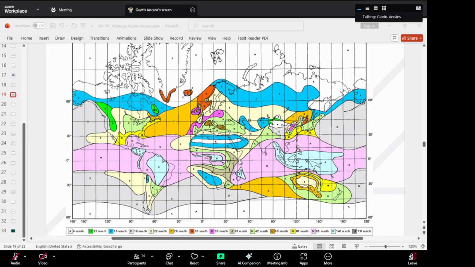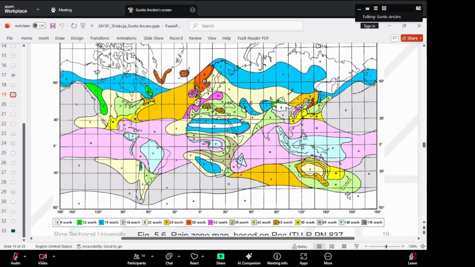So this slide gives the average rain intensity on the worldwide scale. The Baltic States region is in this E area, which is about 22 millimeters per hour.